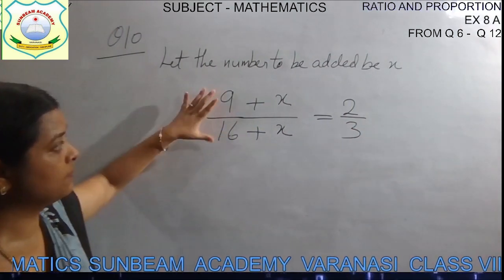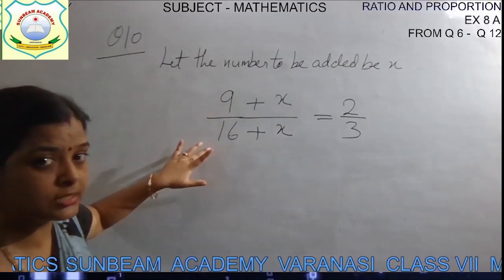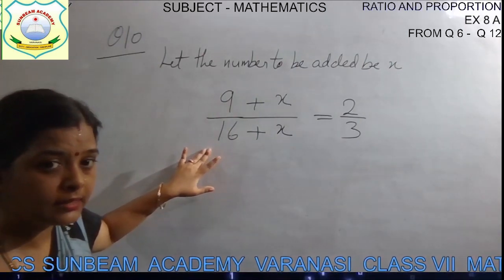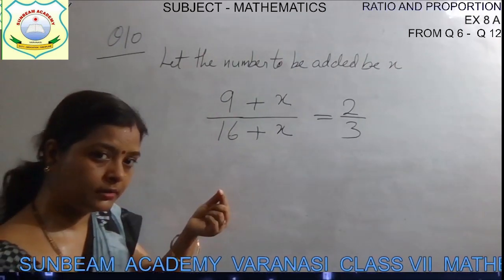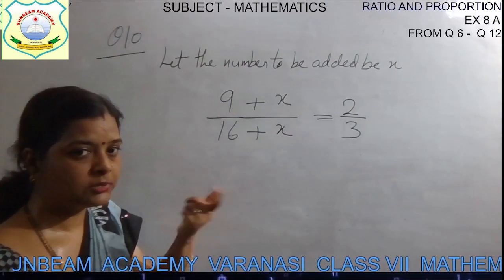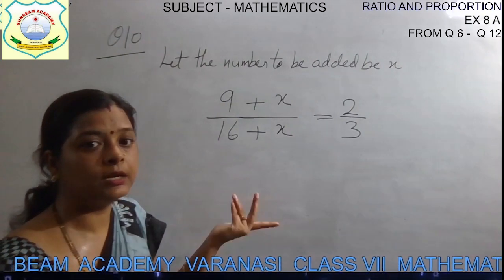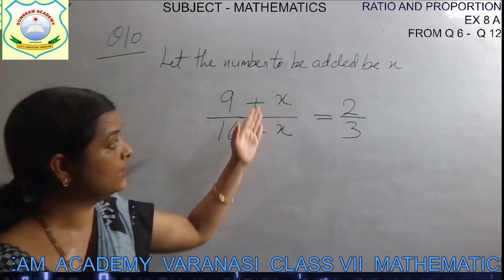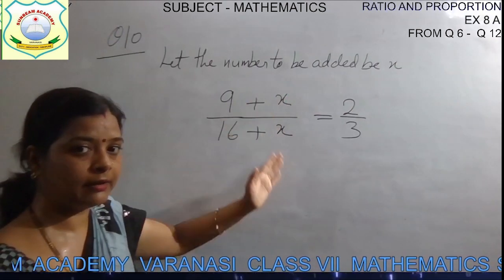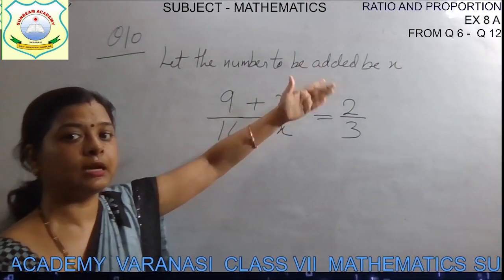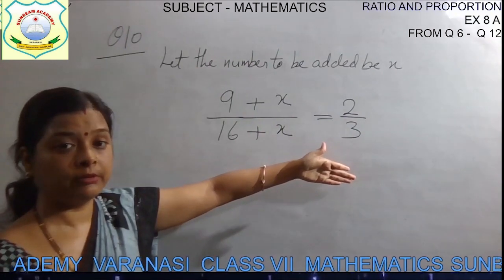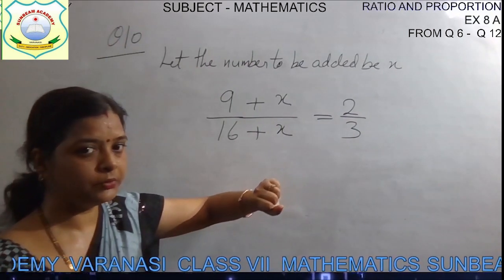We have a ratio 9:16. The question is saying to add a number, only one number, children. It may be 10, it may be 20, it may be 13, whatever. But we can't guess and solve again and again to check whether the answer comes in the form of 2:3 or not. We can't do it that way.